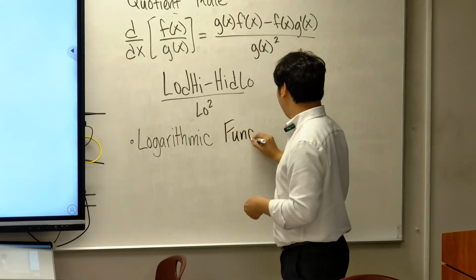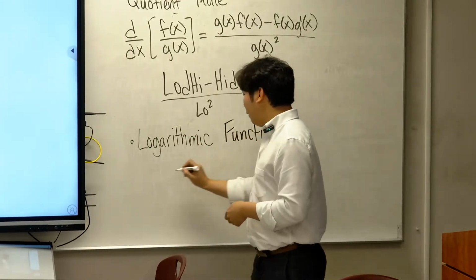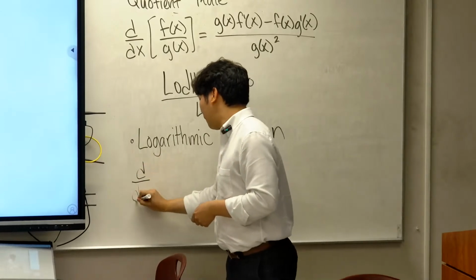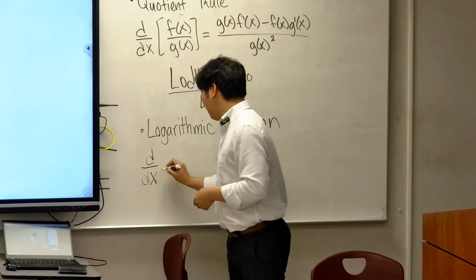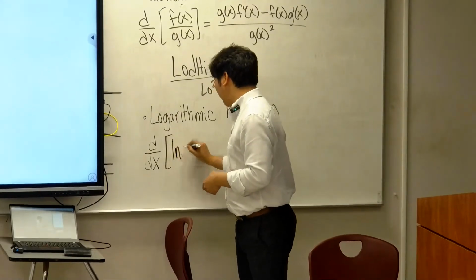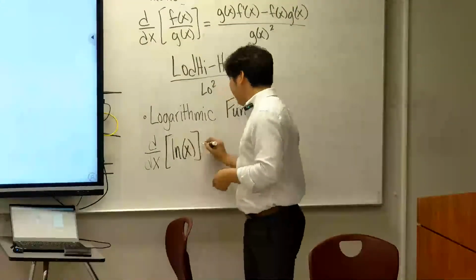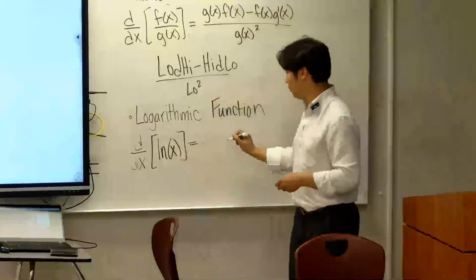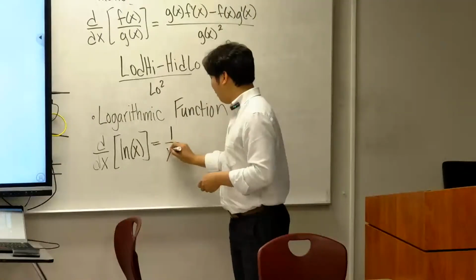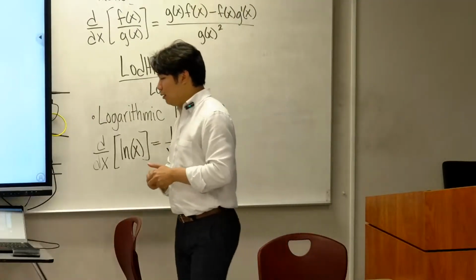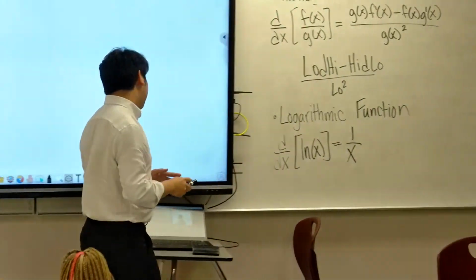So if I wanted the derivative of, let's say, the log of x, what's the derivative of the natural log of x? Yeah, 1 over x. All right, so we had the derivative of the natural log function.